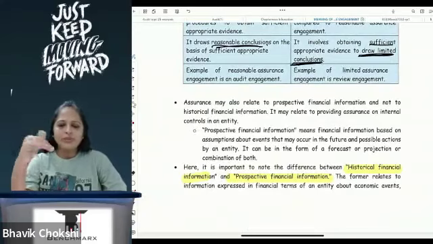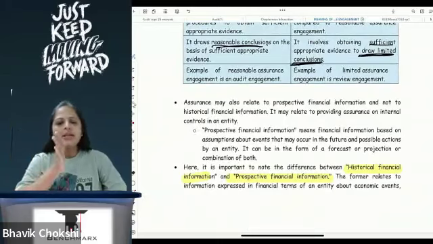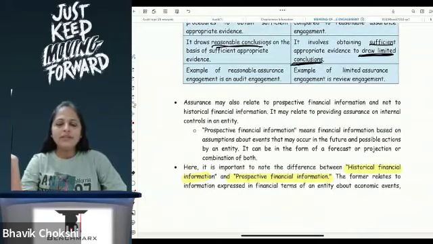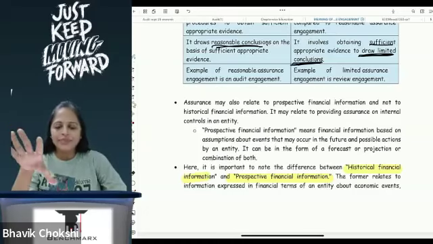Historical and prospective financial information: we understand historical is something that is already done and dusted. So historical is past. Prospective is something that I want to do in the future, which I expect to happen, which I am forecasting. It is not something that has already happened.